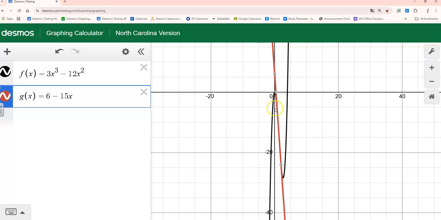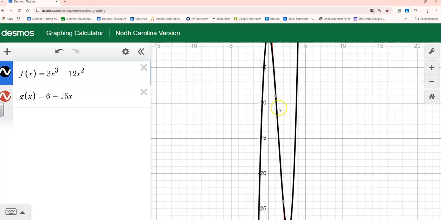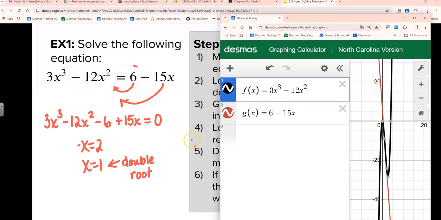I also like moving everything to one side because it's just a lot easier to see. Like these cross right here, I think, at 2. They should cross at 1 if I zoom in a little bit. There they cross at 1. It's really hard to see that they're crossing right there. So it's easier to see as well if you move everything to one side first.